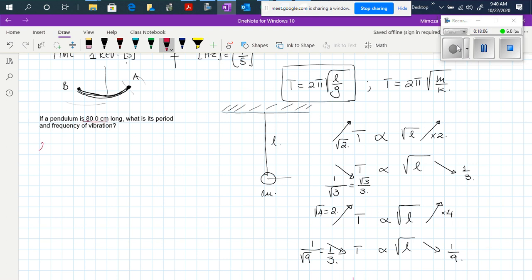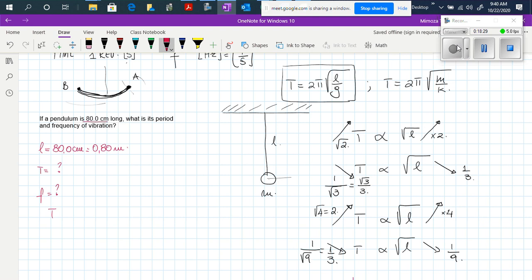So the length of the pendulum is 80 centimeters. We have to convert it into meters because those are the international system units. So you can write 0.80 meters. And now they're asking for the period and for the frequency.